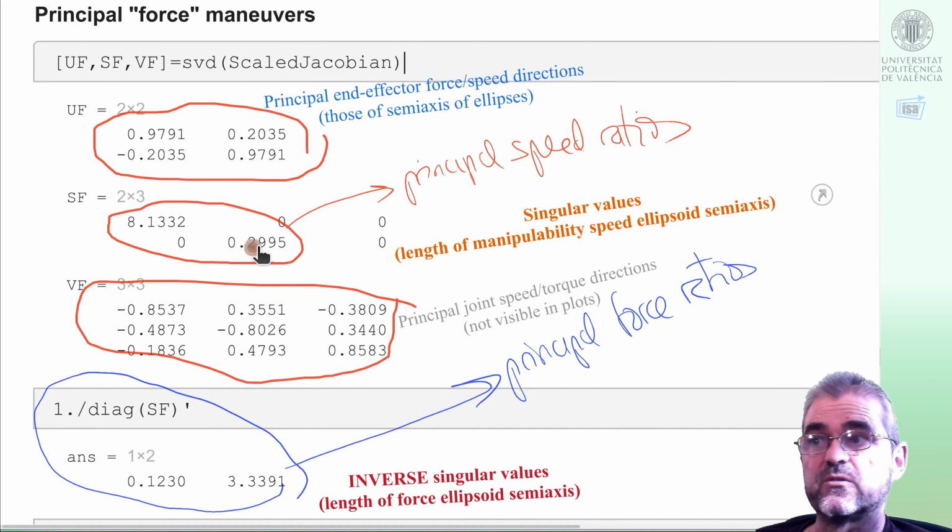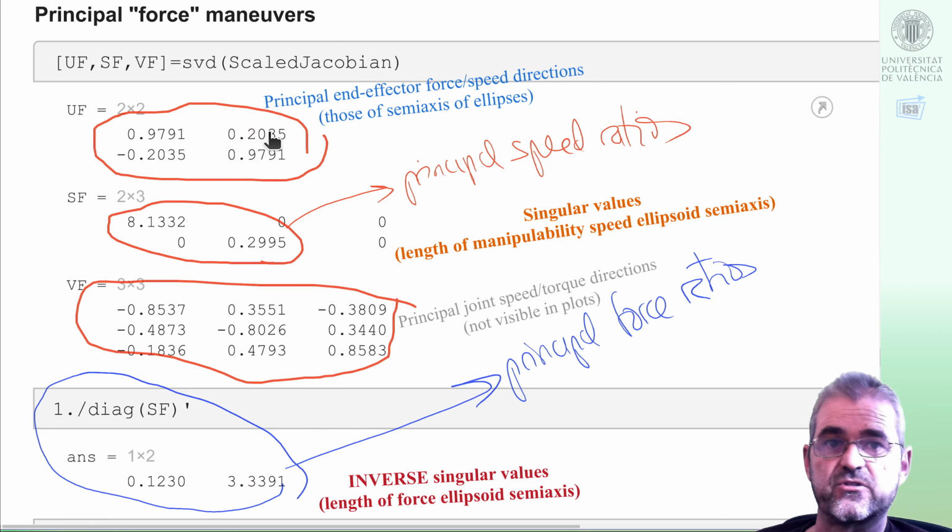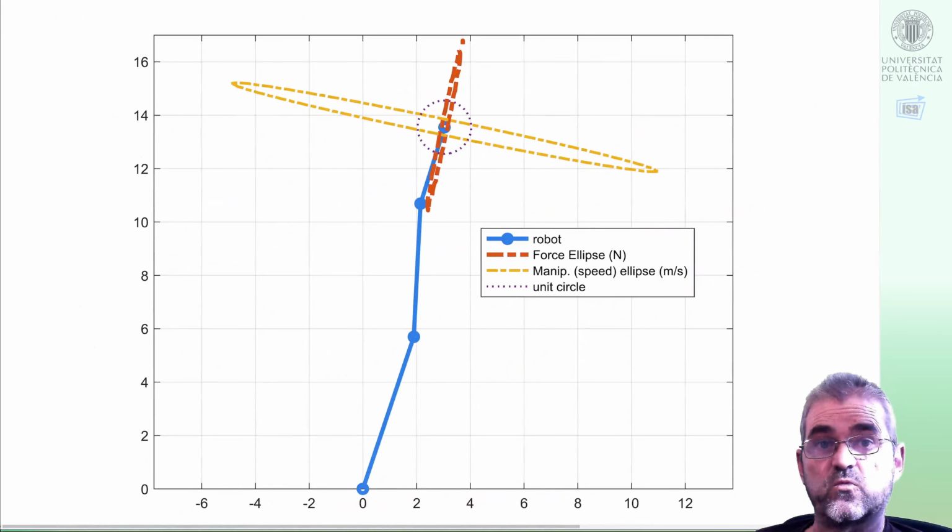So the maneuver with smaller speed will be the maneuver with larger force, and the end effector direction will be very large in the vertical, in the y direction, just 0.2 in the horizontal abscissa direction. And this is what we are seeing here in the figure.